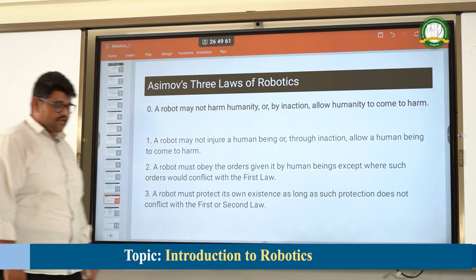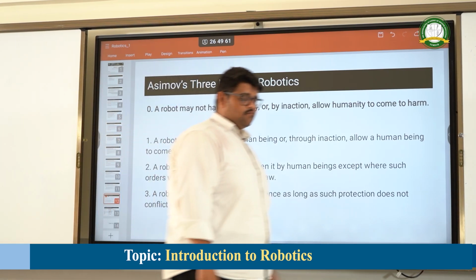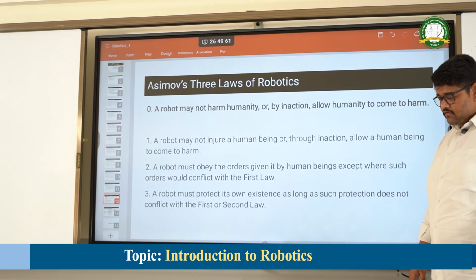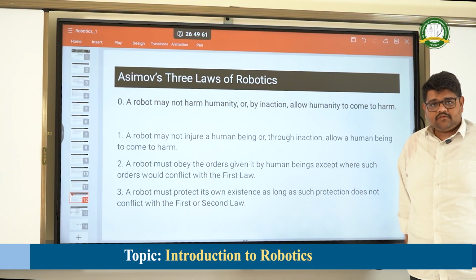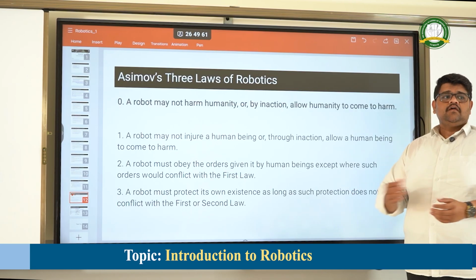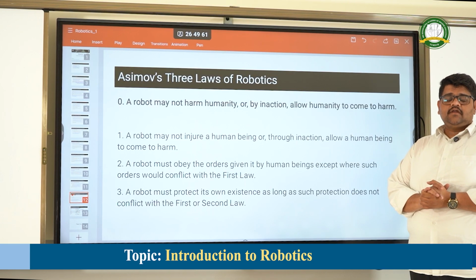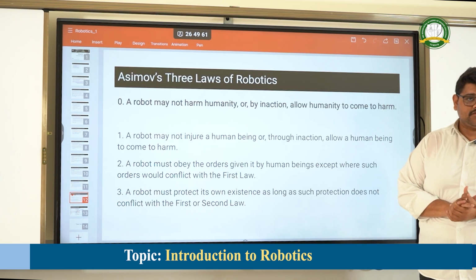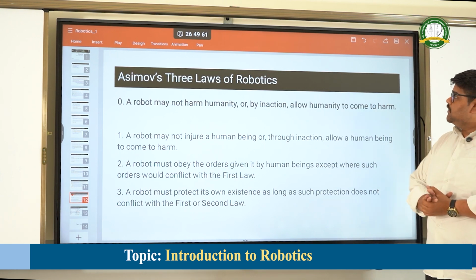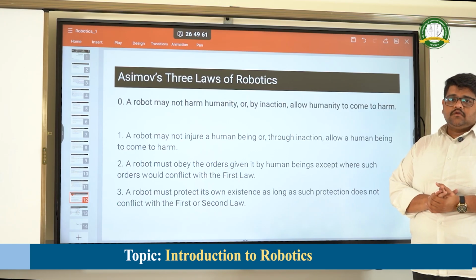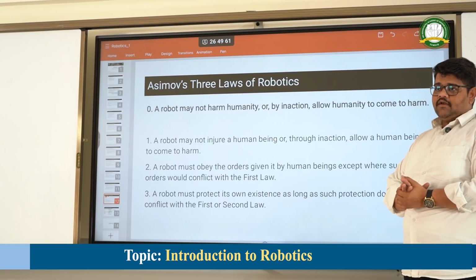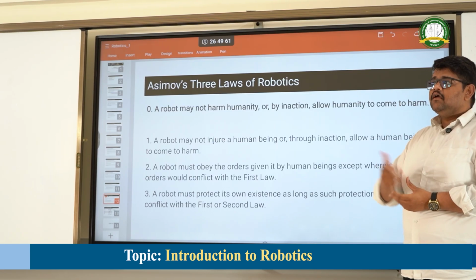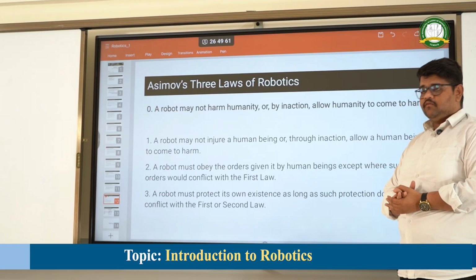Okay, this is a very important step, and one of the very important slides, because so far robotics and robots were fictional. So far, robots were fictional characters or concepts, because Isaac Asimov introduced three laws of robotics, thinking that in the future robots may rule the world.